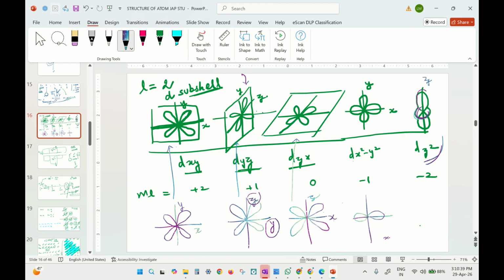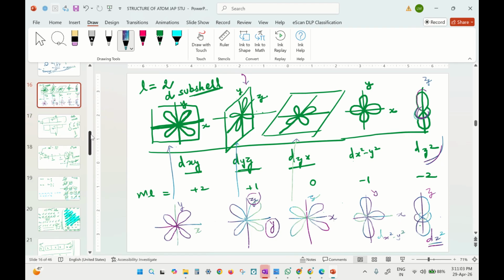This is X square, Y square, dx square, Y square. So both the lobes are on the axis line, on the X and Y axis line. Okay. This is Z square, which is one lobe on the Z and one disc on the XY plane. So this is Z axis. So dz square. Okay. At the most, this much is all they will ask you to draw. Right?